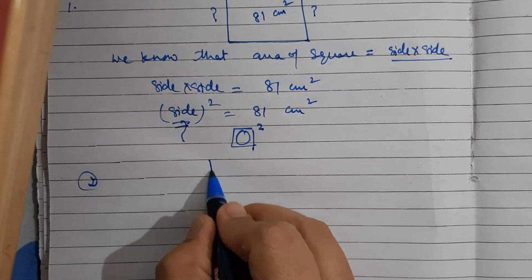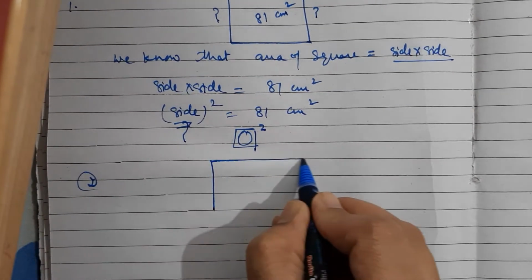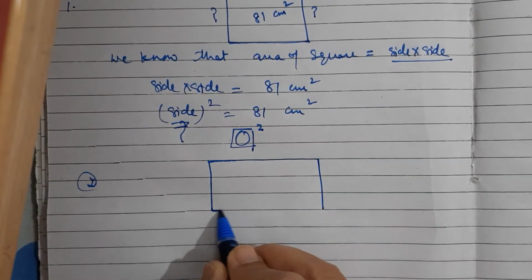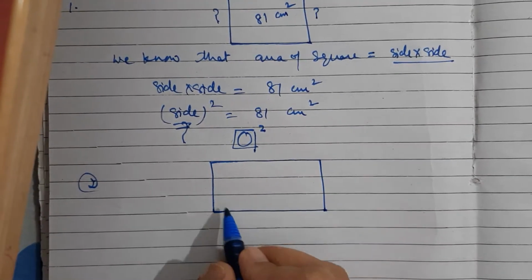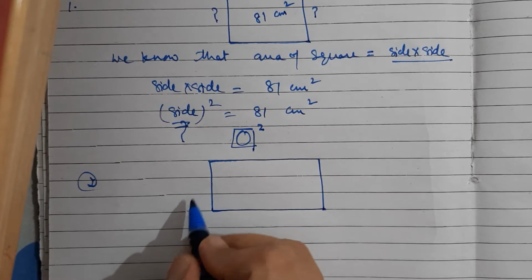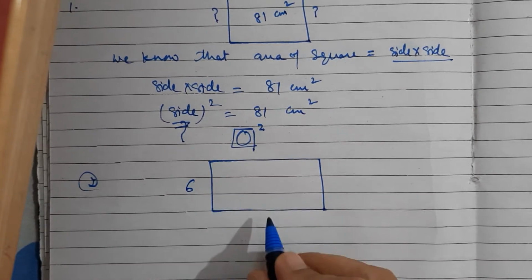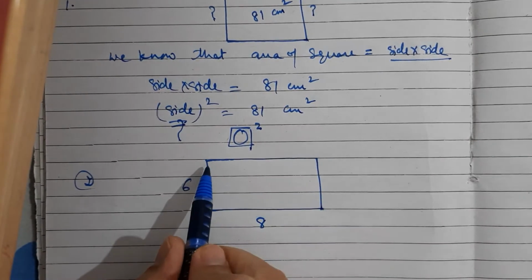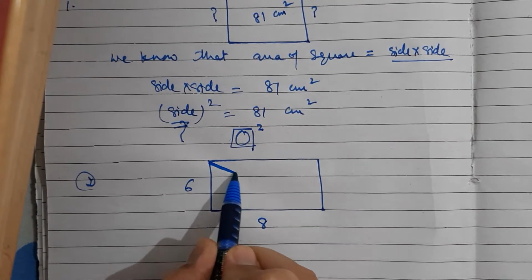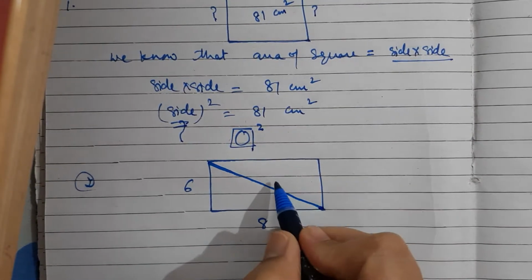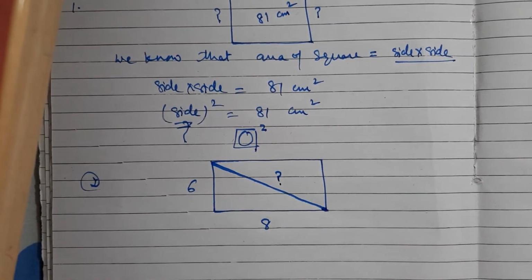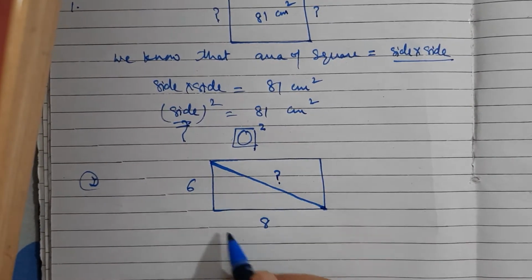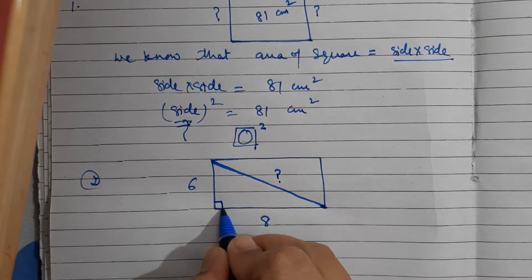This time I am drawing here a rectangle. Let us suppose its sides are, let us take this as 6, any unit, and this as 8, maybe centimeter. And now the question is to find the length of the diagonal. Now we know that in a rectangle all angles are 90 degree.